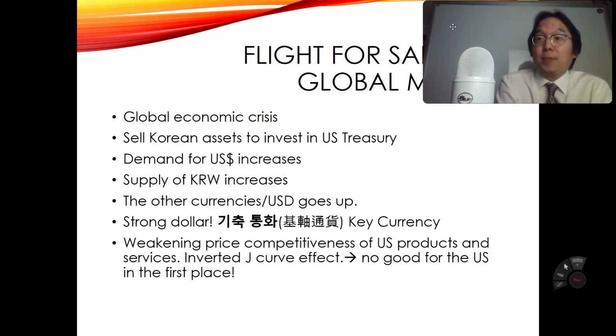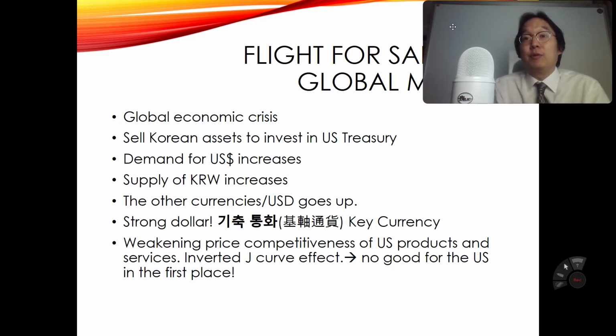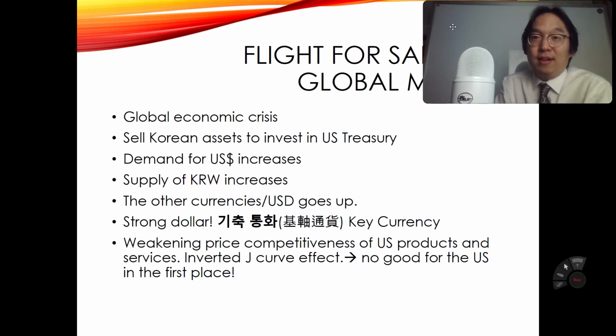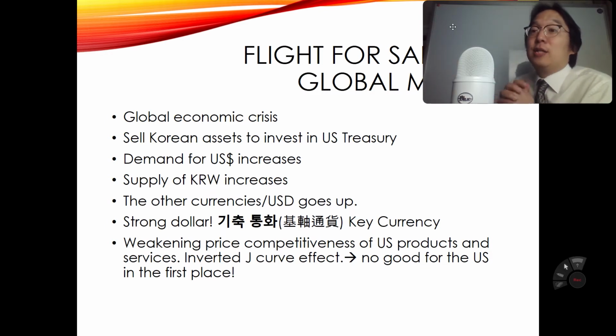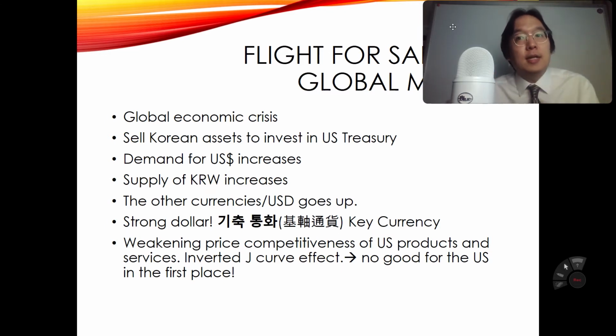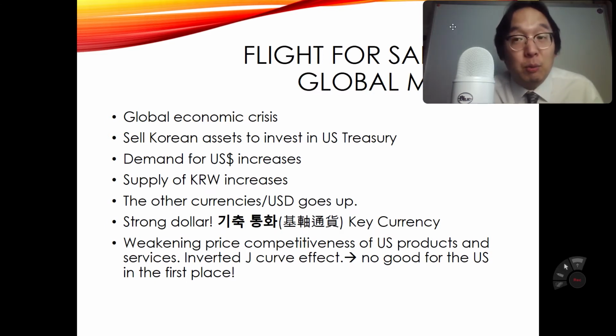So you can think about an inverted J-curve from the US perspective, right? Too strong dollars means US products will suffer from loss of competitiveness in their product market price. It's too expensive. They cannot sell it in the long run, okay? So the trade balance will be what? Deficit in the long run for them.